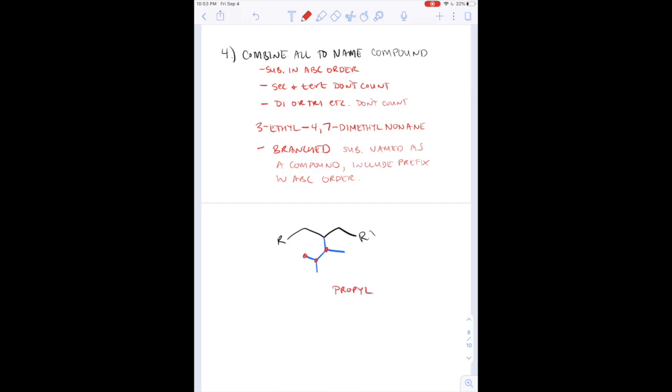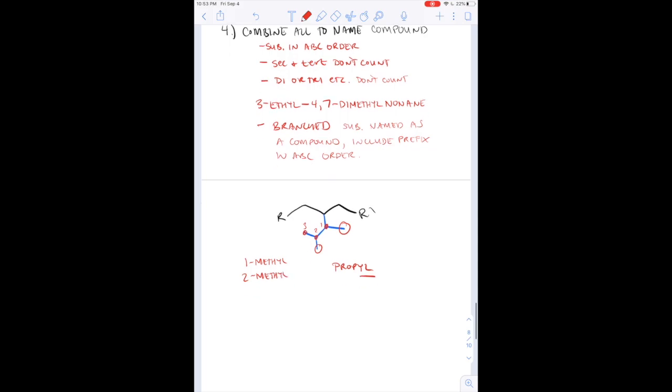Since it is a substituent, it is a propyl. Now on that carbon number 1, 2, 3, on carbon number 1, what do we have there? Well, we have a methyl group, right? That is on carbon number 1, and then on carbon number 2, we have a methyl group as well.